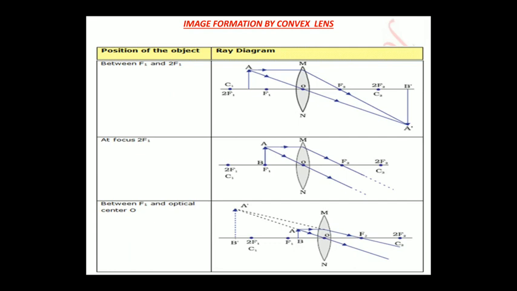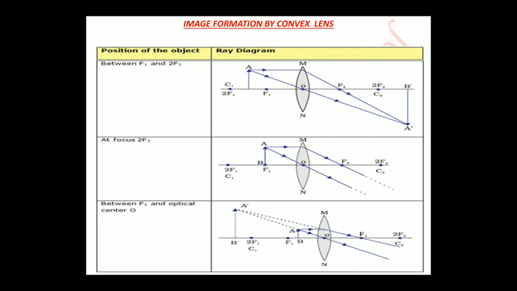So this time this image is virtual. It is greater than the object and it is erect. Characteristics of the image will be: position behind the object, size of the image greater than the object, nature virtual and erect.